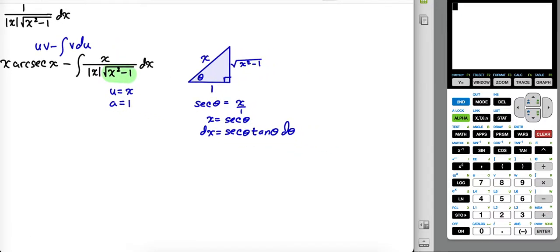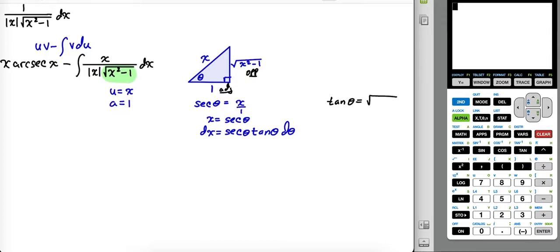So then my secondary function is going to be the ratio of the radical to the constant. So opposite side, adjacent side. So it's tangent.